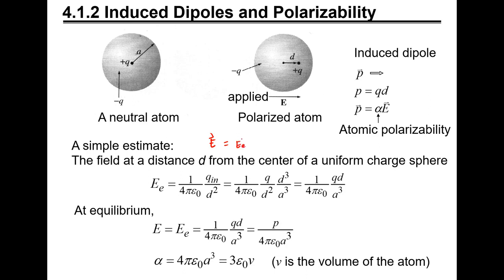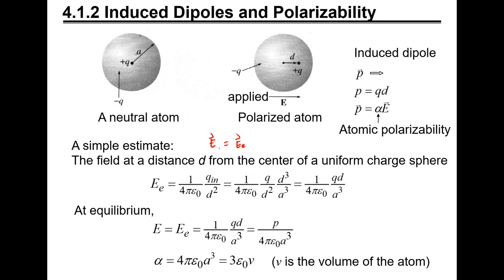Again, at this point, when the nucleus has moved a distance d, which is very small, the external field pushing the nucleus to the right exactly balances the internal field pulling it to the left.